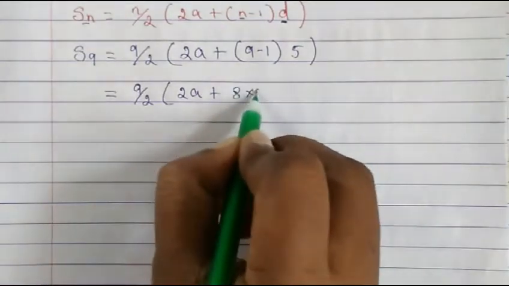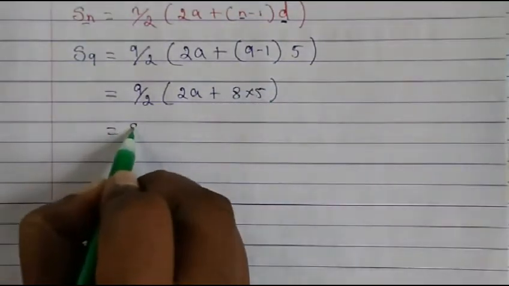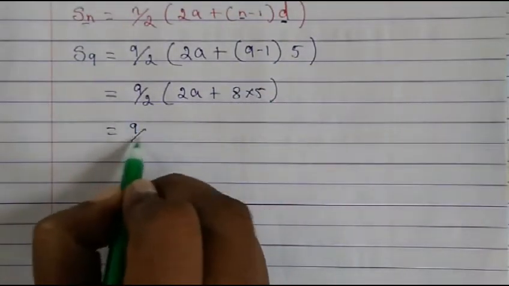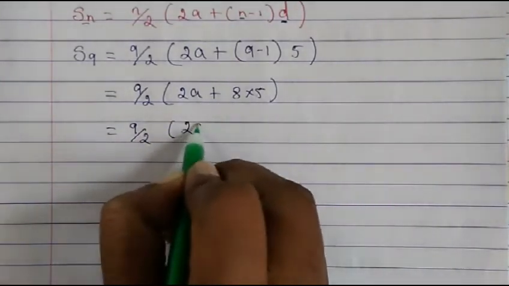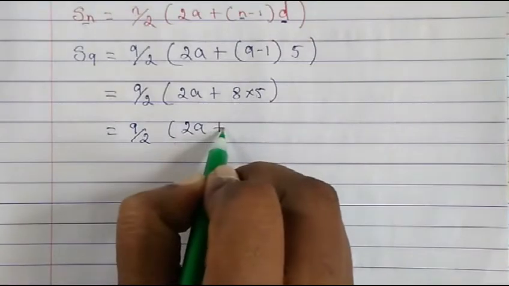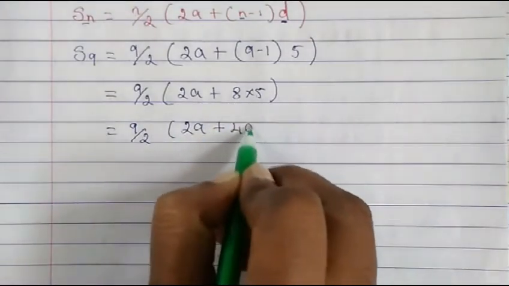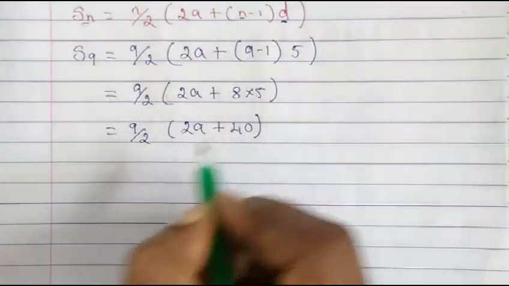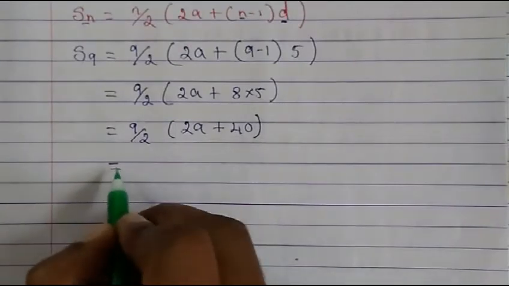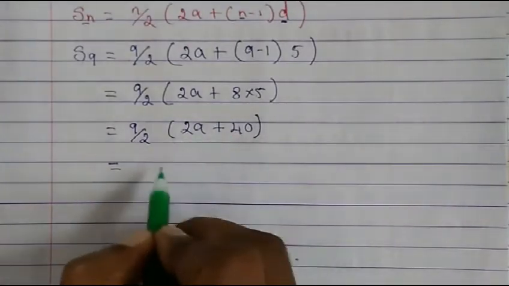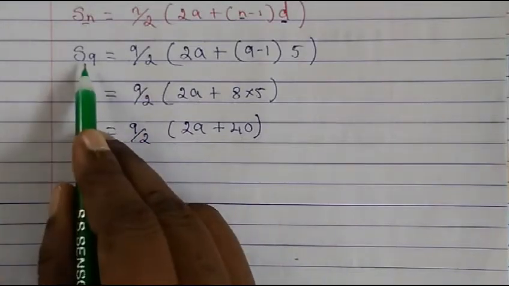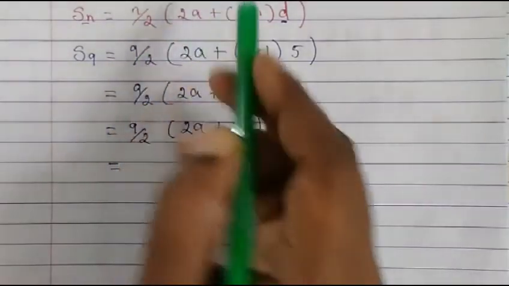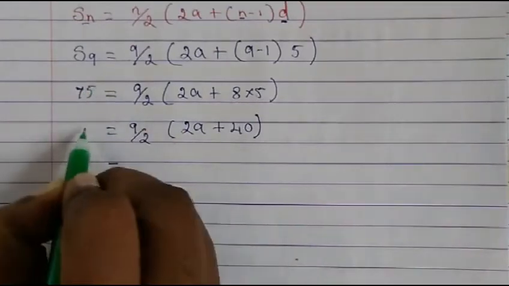Let's write down 8 into 5. So 9 by 2, 2a plus 8 into 5 will give us 40. Now this is S9, which is given to us. S9 is 75. So 75.